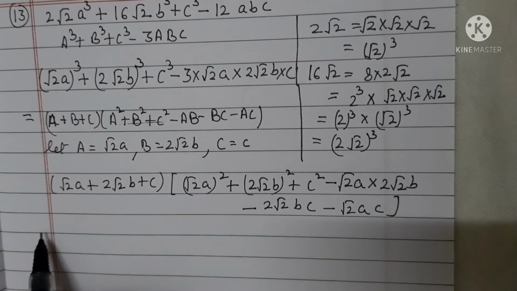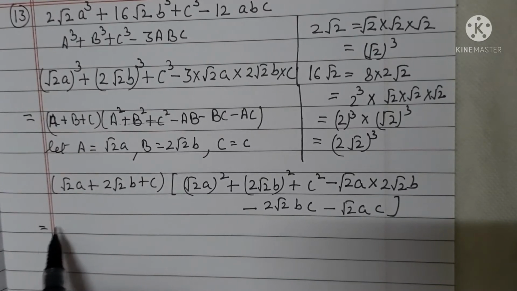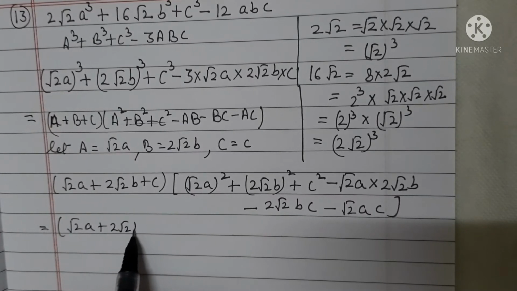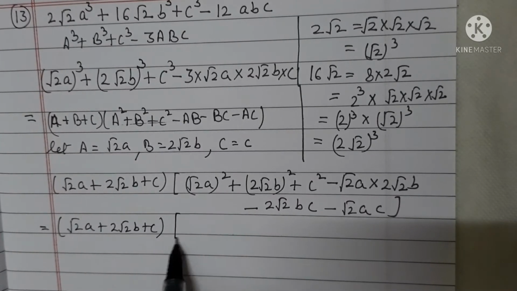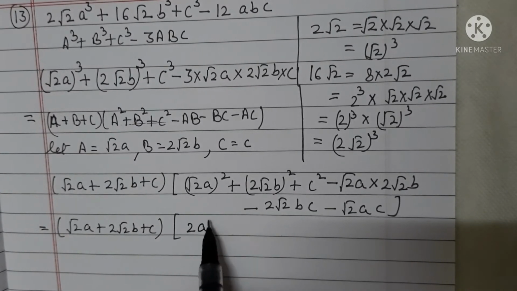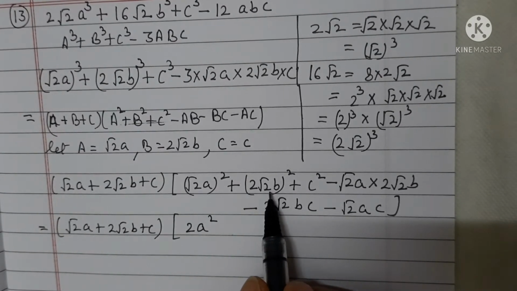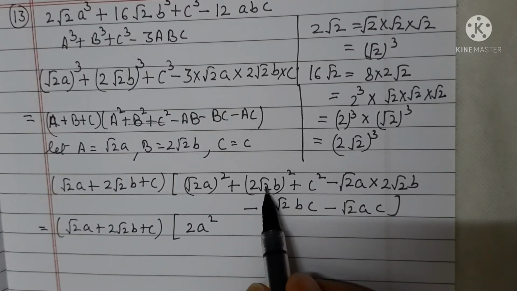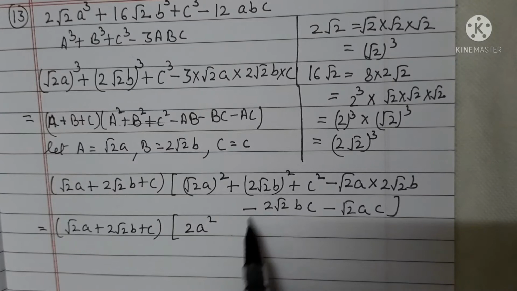Now solve it further. So you get root 2 a plus 2 root 2 b plus c into root 2 square means 2a square. Here 2 root 2 square, 2 into 4, and root 2 square means 2, 4 into 2 is 8.